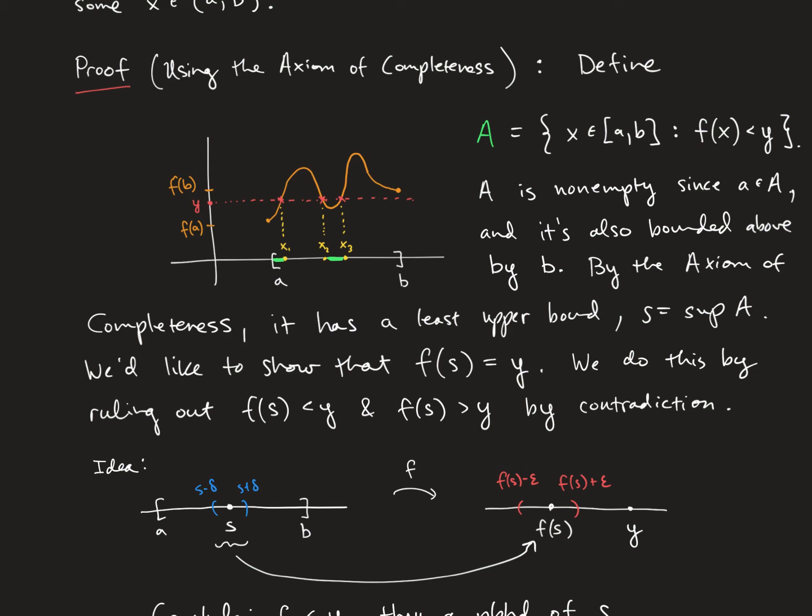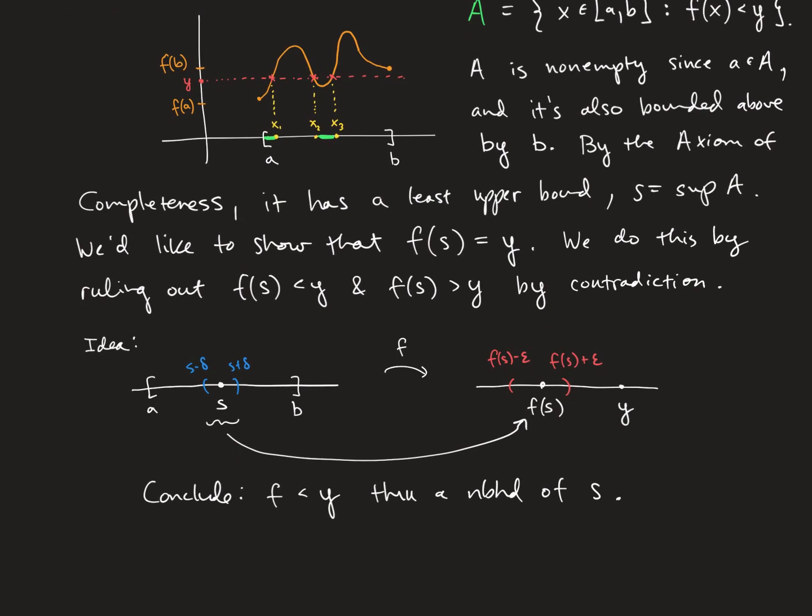If the value of the function is less than y on some points, those points are in A. So this would imply that the neighborhood is contained in the set A. But that violates the fact that S is supposed to be a least upper bound of A. It violates the fact that S is an upper bound of A. Or to use my shorthand, this is a contradiction to the fact that A is bounded above by S.